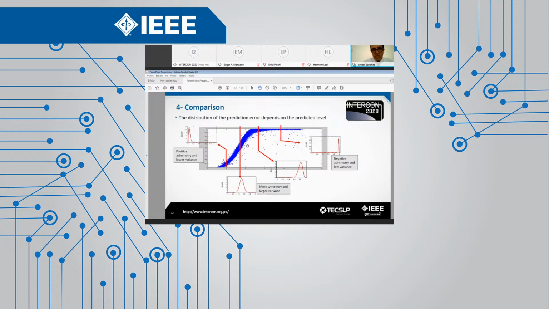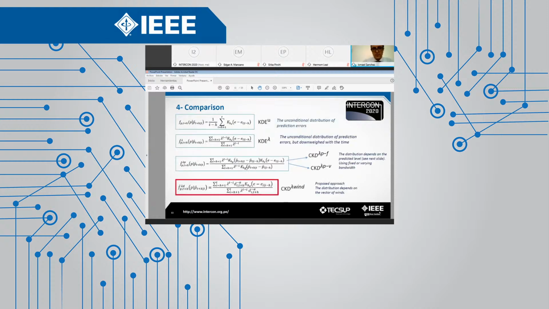In the intermediate zones, the distribution is more symmetric and more dispersed. So the shape of the prediction error distribution depends on the level of the predicted value, and this expression here puts that into the computation.